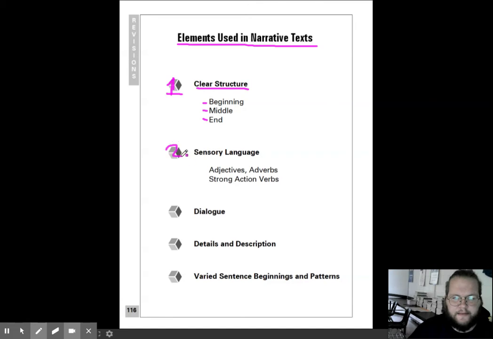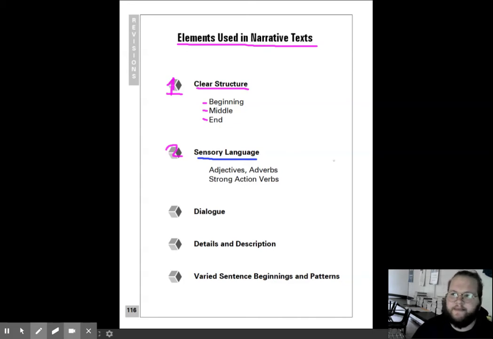The second thing, sensory language. It will have sensory language. Sensory language is when you, how do you say it? It's adjectives and adverbs and strong action verbs.